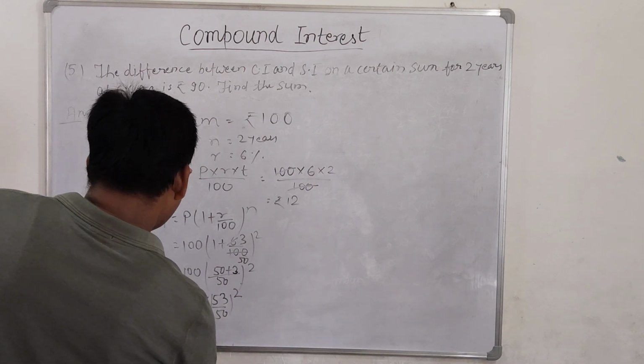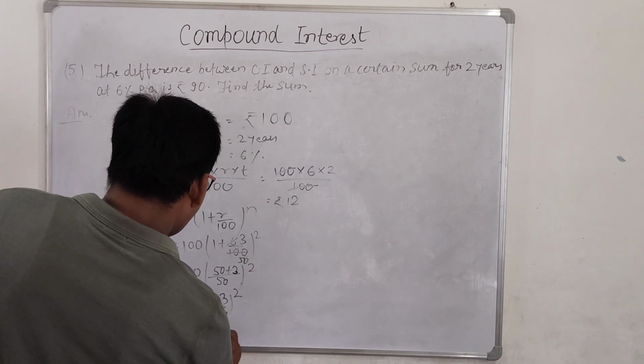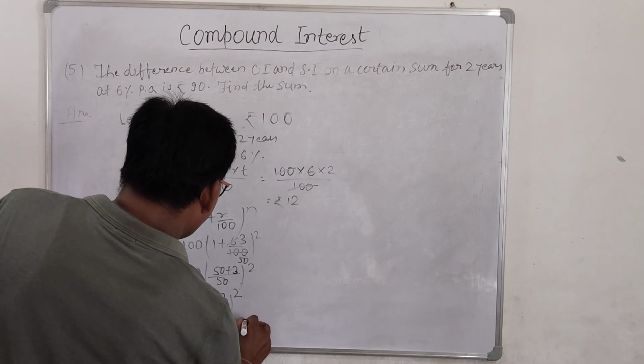So 100 multiplied by 53 upon 50 multiplied by 53 upon 50.